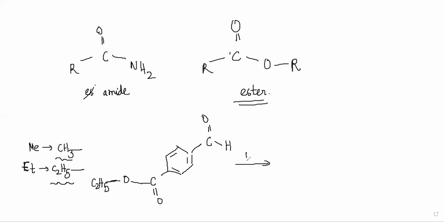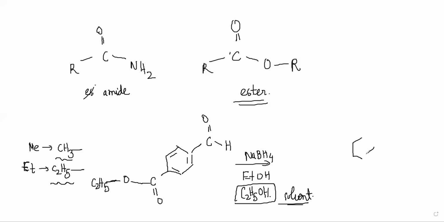If you add NaBH4 in some solvent, EtOH, which is basically C2H5OH, alcohol, so you are using EtOH instead of water, first it will reduce and affect just the aldehyde part, and it will become CH2OH, H and H. And this side it is still C double bond OEt. So that is what is happening there.